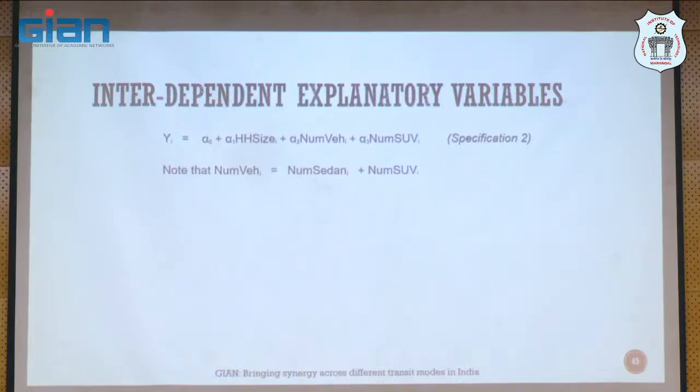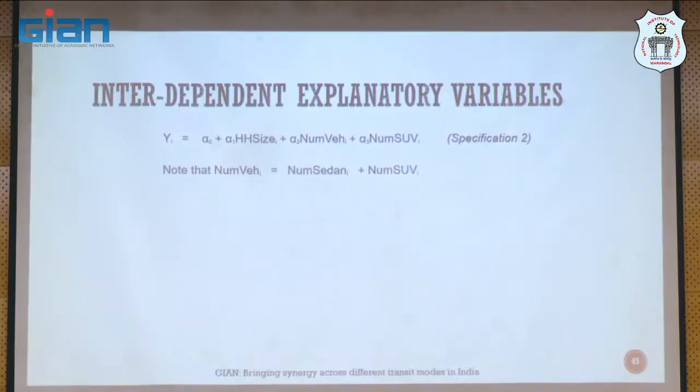The coefficient. So what does alpha 2 and alpha 3 represent? Basically, that's SUV, right?